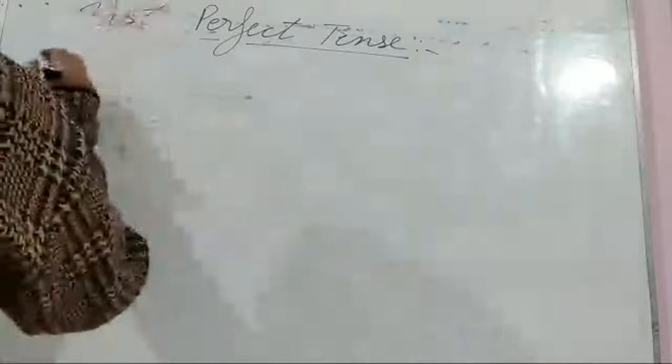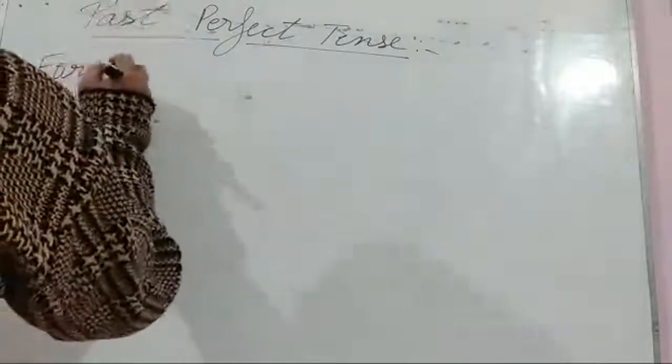The formula for the past perfect, I am repeating here, past perfect tense indicates the complete action in the past time. The action had been completed in the past.